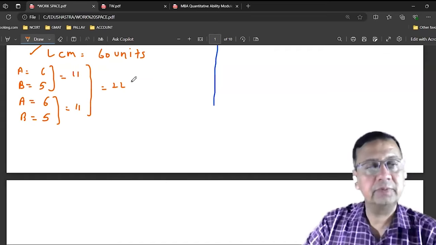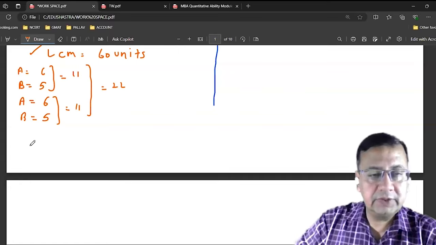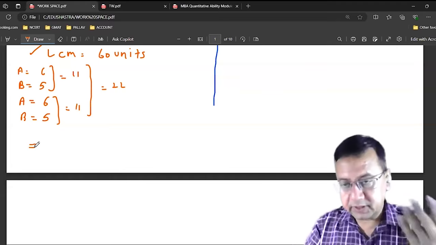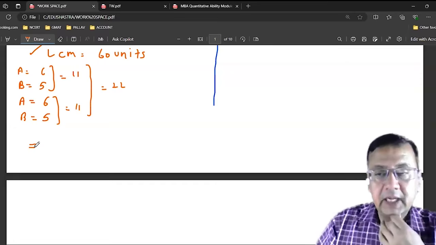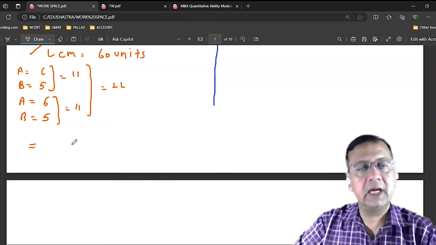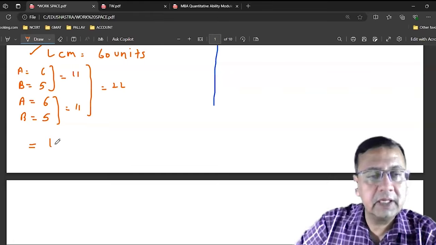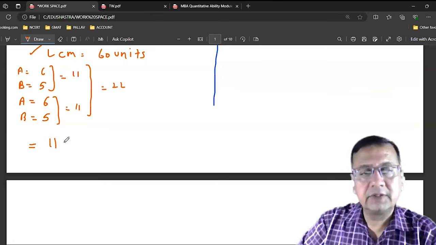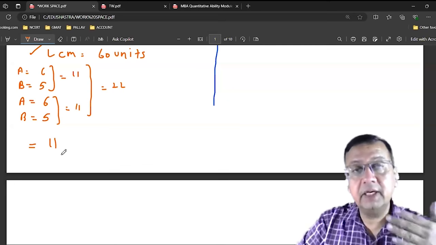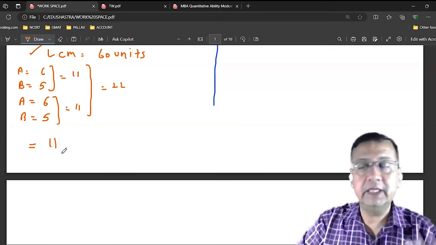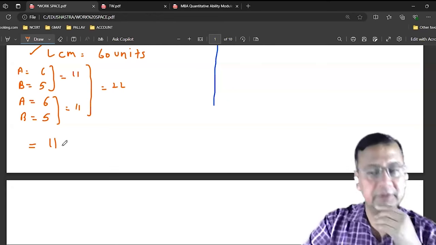So what to do? I have to reach up to 60 or nearest to 60. And in every 2 days, I am finishing how much? 11 units of work, right? So I have to check how many sets of 11 units I need to finish this work.